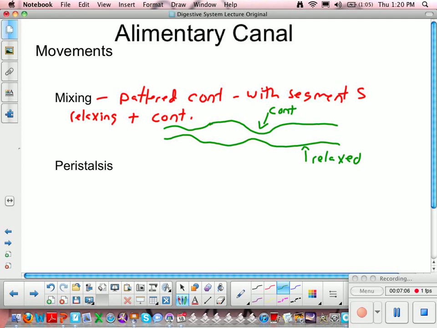And what that allows you to do is actually squeeze. Think of a long balloon that has fluid in it, and you can mix those fluids together by squeezing these parts while these parts are relaxed. And then alternately, this part will squeeze and this part will be relaxed. So those are the mixing movements.